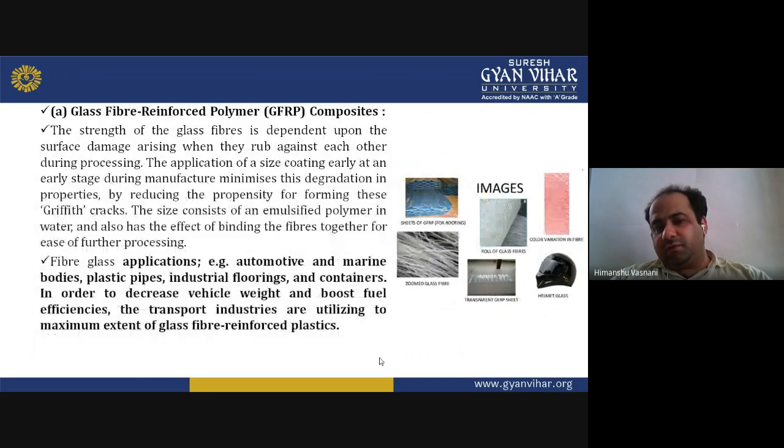Now, the strength of this glass fiber is dependent upon the surface damage arising when the fibers rub against each other during processing.